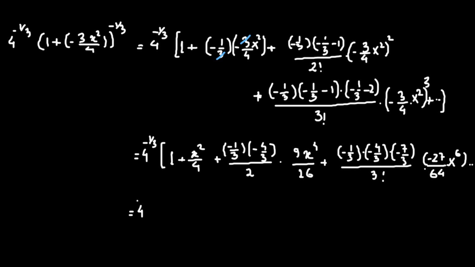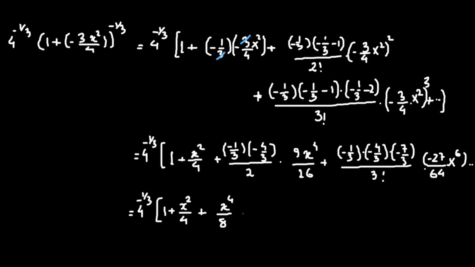Further simplification gives us 4 raised to the power negative 1/3 times 1 plus x squared over 4. So we have a negative and a negative multiplying to each other, so that would become positive. So we get x raised to the power of 4 divided by 8. You can use a calculator to multiply all the constant numbers, and that should give us 1 over 8 times x raised to the power 4.